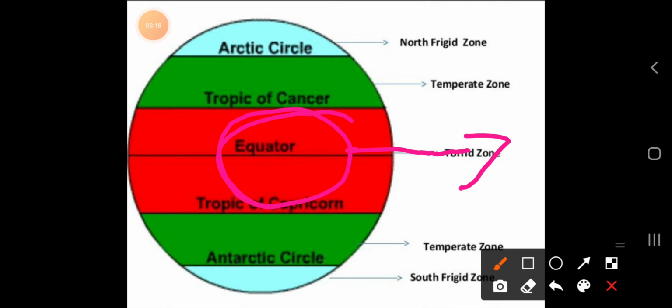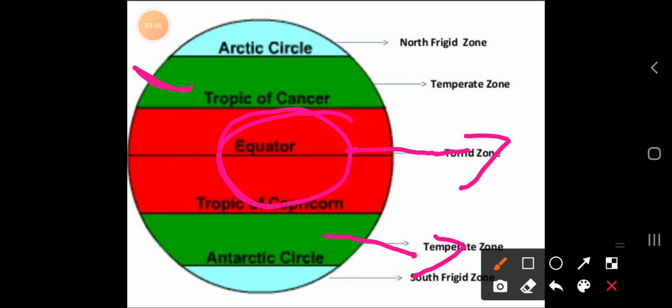Then the second important region, that is the temperate zone. The areas bounded by the Tropic of Cancer and Arctic Circle here, then the areas in between the Tropic of Capricorn and Antarctic Circle. This area is called a temperate zone.